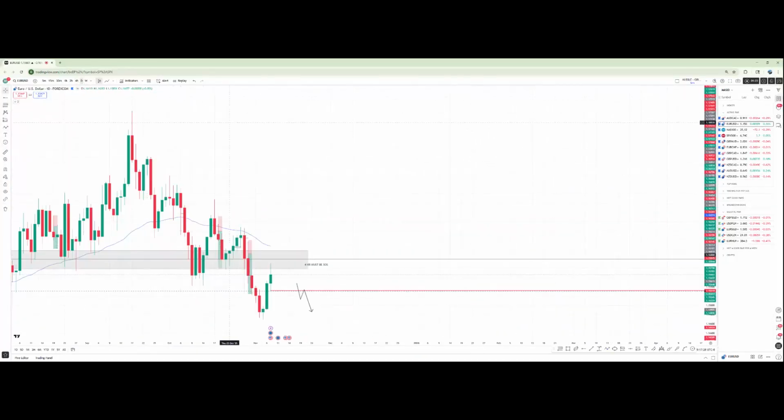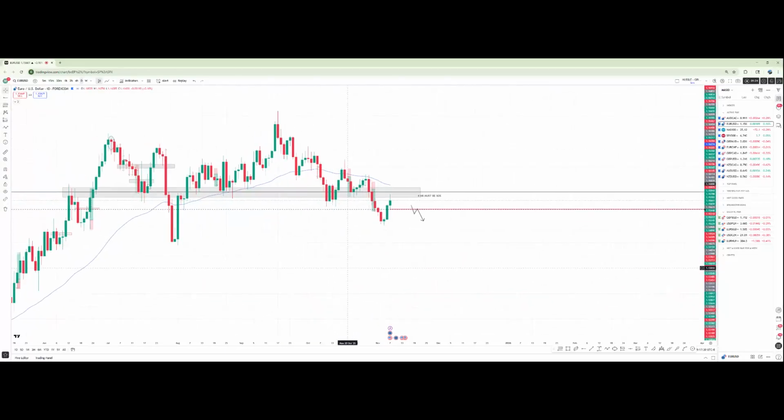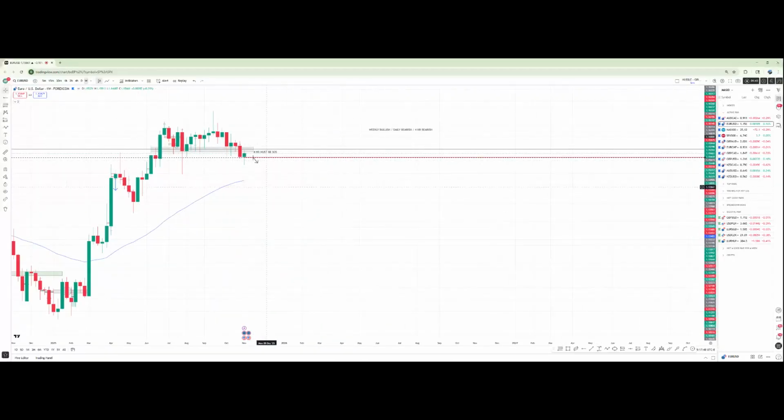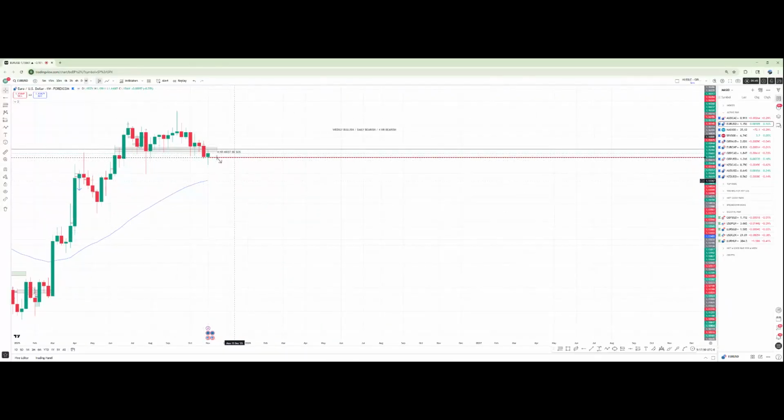EUR USD, we do have weekly time frame bearish. We are retesting the area of interest around this side together with the psychological level. So what are we waiting on this pair? Next week will be, sorry, we are weekly, right? Weekly indecision candle.